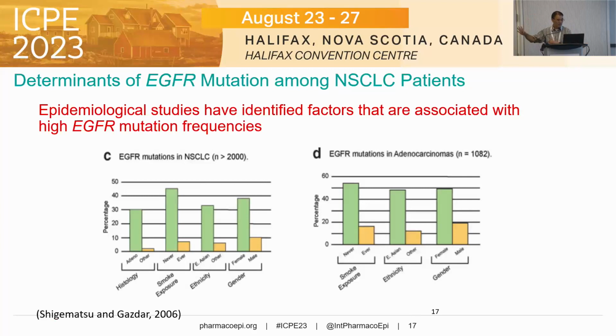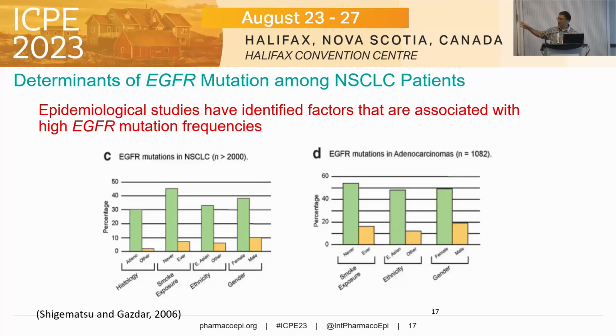This is one of the review articles published about two years later. You can see here, both slides show, on the left, that among all non-small cell lung cancer patients, adenocarcinoma, light smokers, Asian, and females have a much higher prevalence of EGFR mutations compared with squamous cell carcinoma, smokers, Caucasian or non-Asian populations, and males.